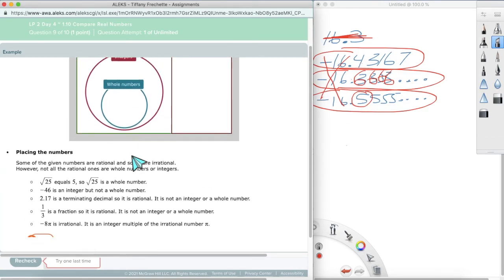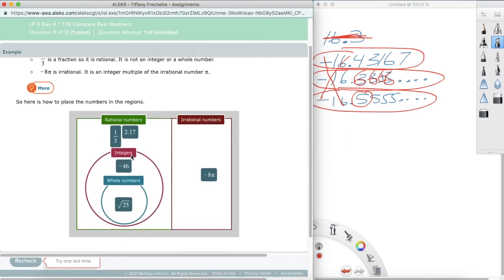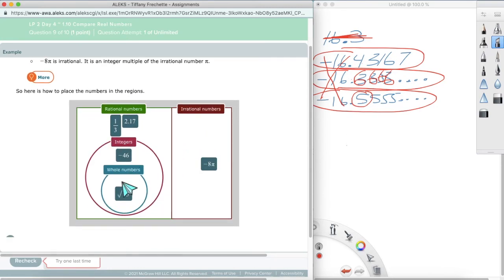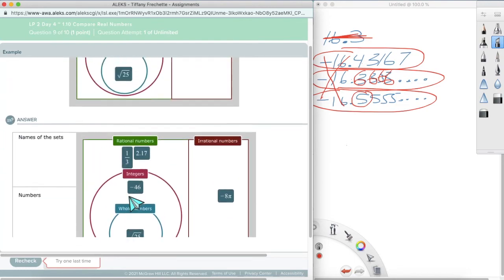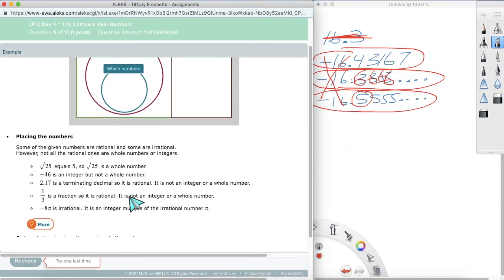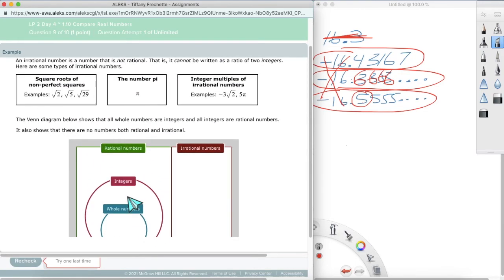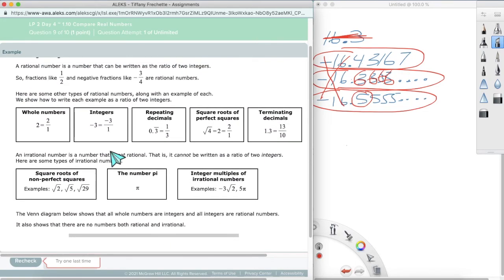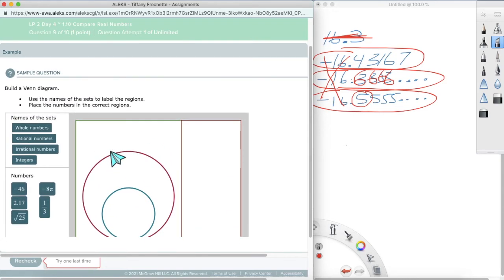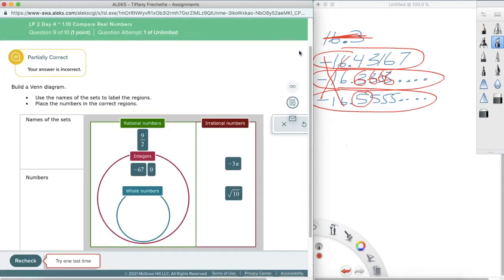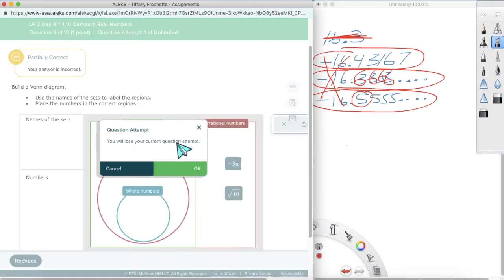I think each region needs to have one. Sometimes this is the only problem with Alex, it can be very picky, and I'm not always sure exactly what it's picking on at the moment. Well, let's just go ahead and click on explanation here, and it'll tell me exactly what I did wrong.